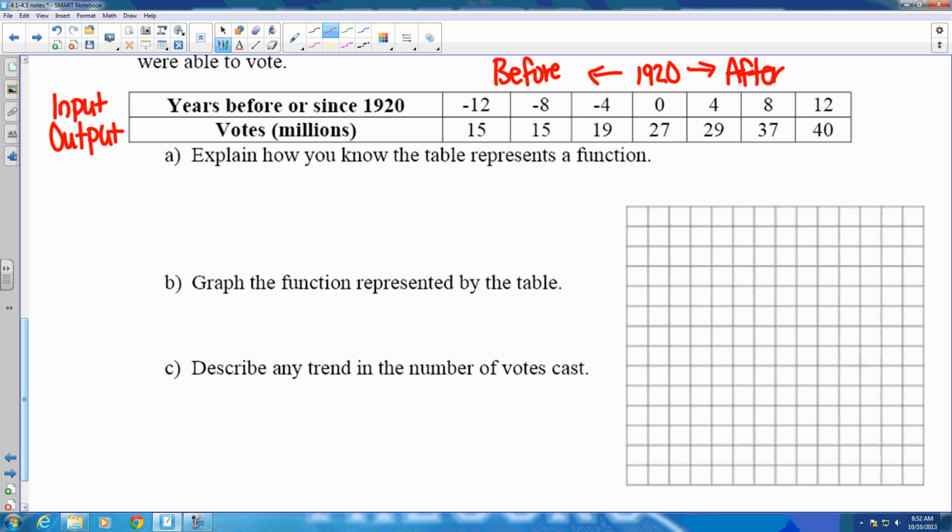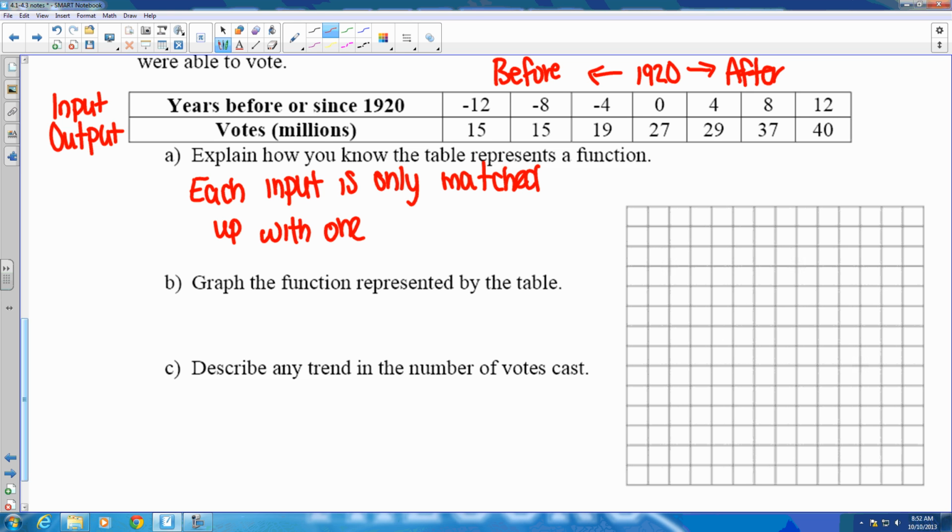So how do we know this is a function? Each input is only matched up with one output. This would not be a function if we had -8 2 times going to different numbers.